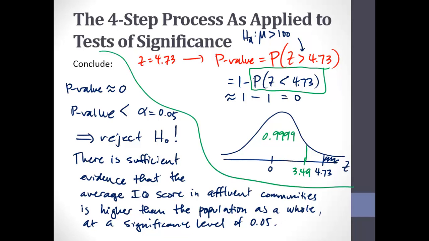So again, the average IQ score in affluent communities, which is our mu, is higher than the population as a whole, which is 100.